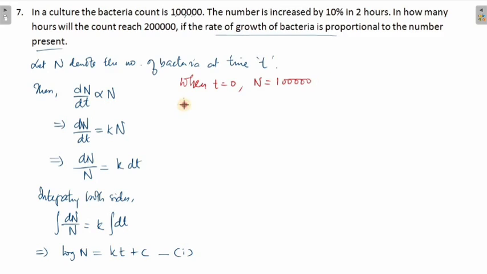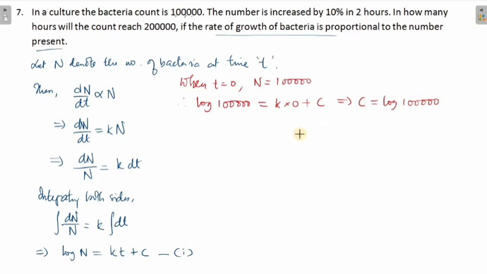Therefore from 1 we get log n, n is 1 lakh, remember, is equal to k into 0 plus c. So from here k into 0 is 0, so the value of c turns out to be log 1 lakh.